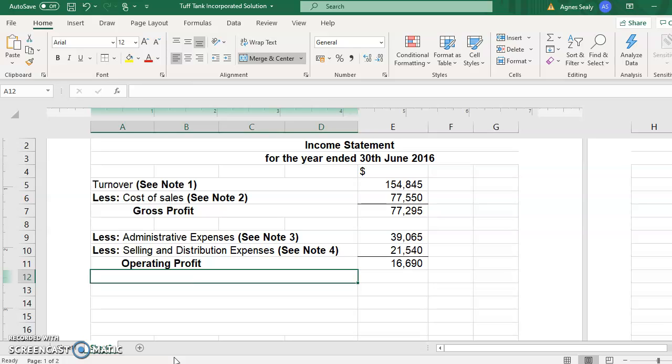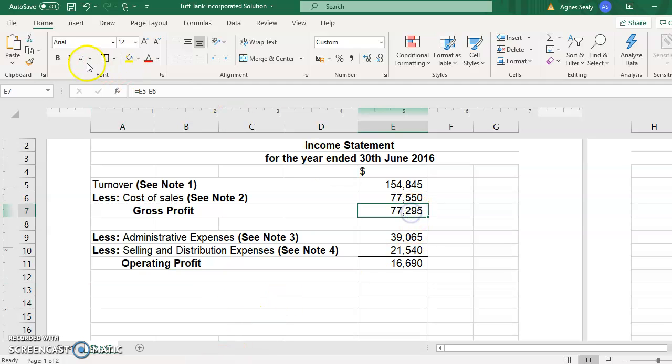So we are continuing with our income statement, and we have already calculated our gross profit by taking our turnover and subtracting our cost of sales from it to give us our gross profit of $77,295.